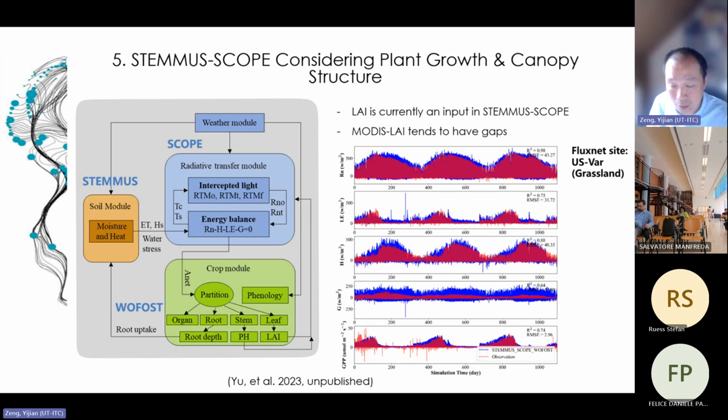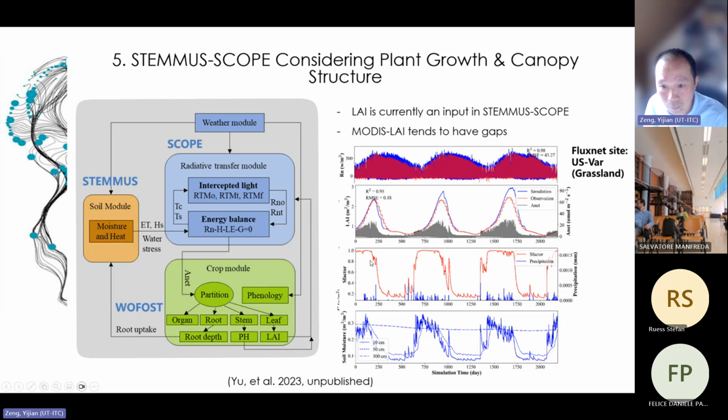However, if you can simulate the plant growth, then you can simulate LAI as a state variable. To facilitate that, we are incorporating plant growth into our model. As such, you can simulate LAI dynamically, and then you can run STEMscope for forecast purposes to do the prediction.